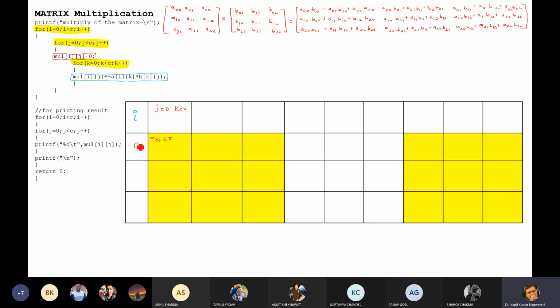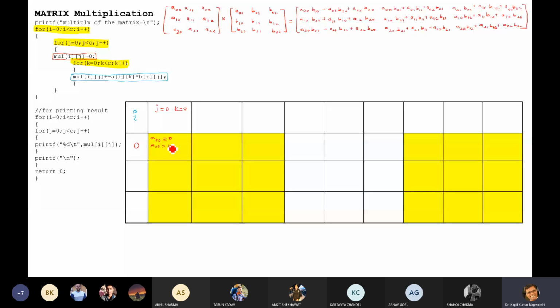Now it is initialized for all i equals to 0. m00 is initialized, and it will not initialize further here. So for j equals to 0, what will be our answer? m00 is initialized. Now our answer will start.